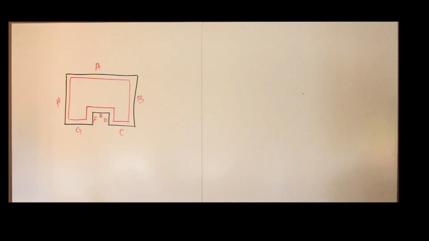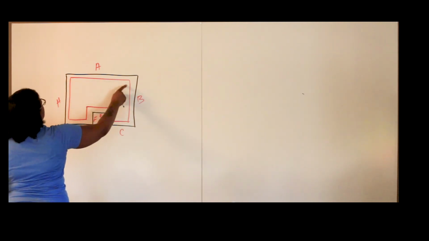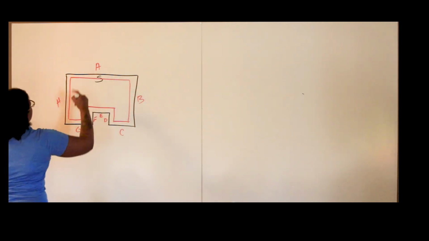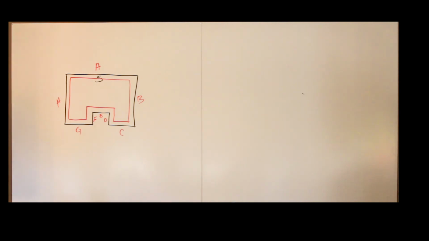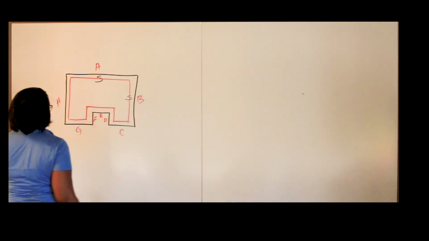So side A, top: is the interior wall smaller, longer, or equal to the exterior wall? The inside, running on the horizon, is smaller than side A exterior. B, the interior wall, smaller, longer, or equal to B? It is also smaller.